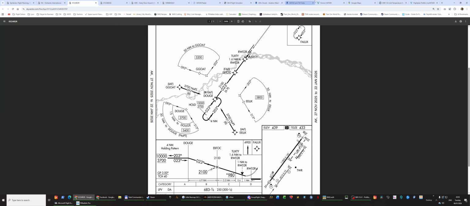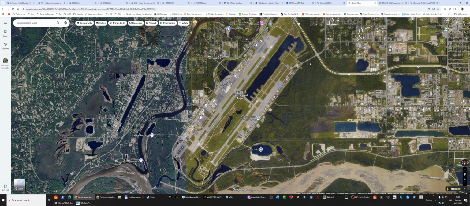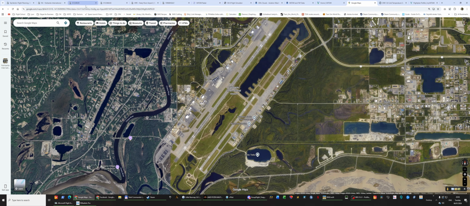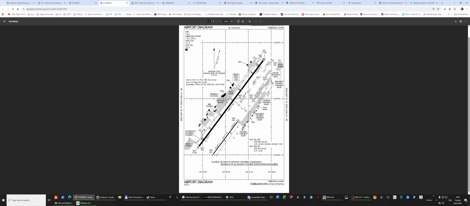Yeah, I also wanted to mention, I really like this airport, to be honest, because it has runways for everything. If I look here, we have the main runway, which is 2 left and 20 right. Then we have a smaller one, then we have a ski strip right here, and then we also have a water runway here.